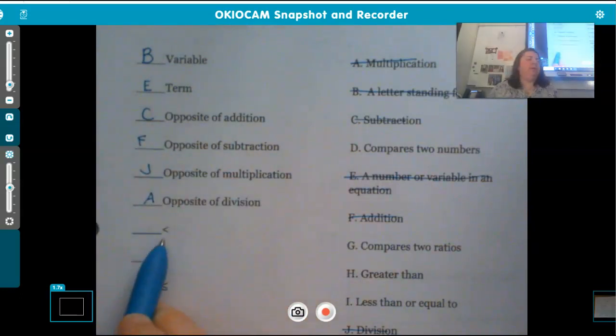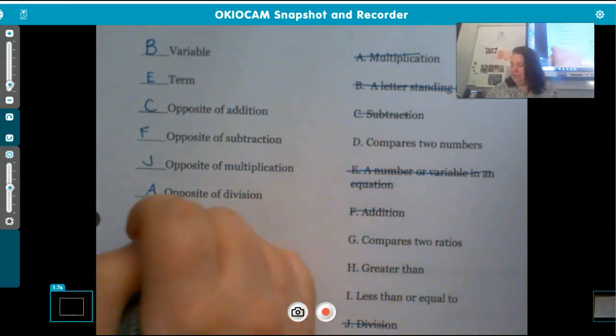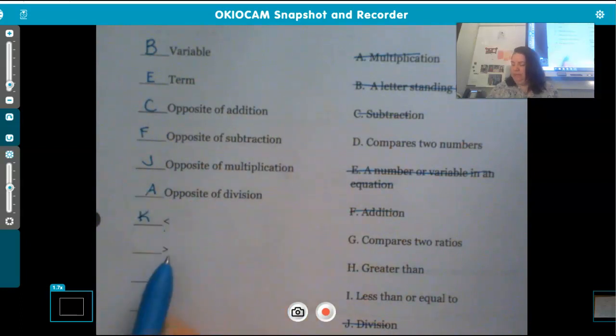What does this symbol mean? Less than. Because we always read it from left to right, so this is less than. What is this symbol? Greater than.